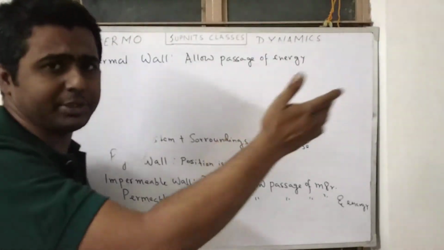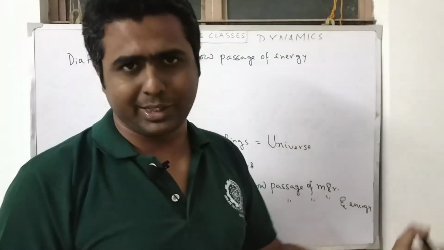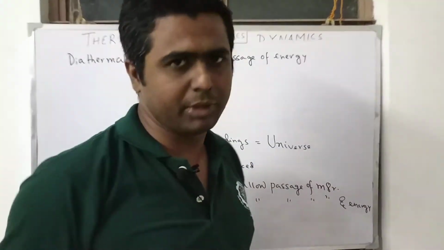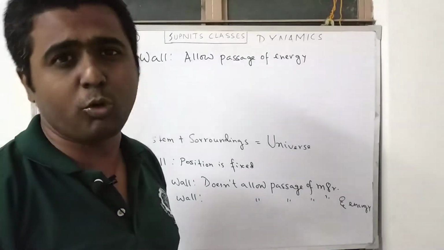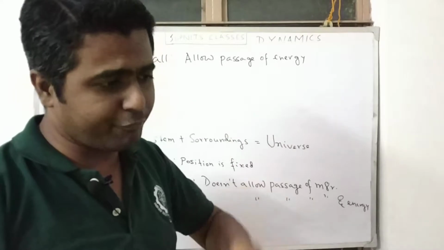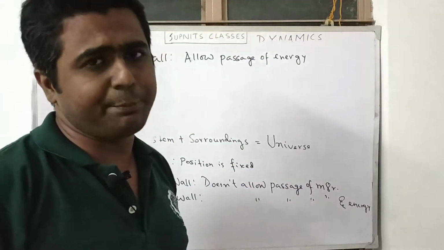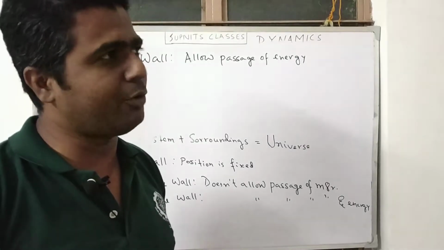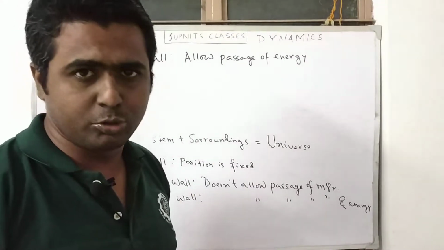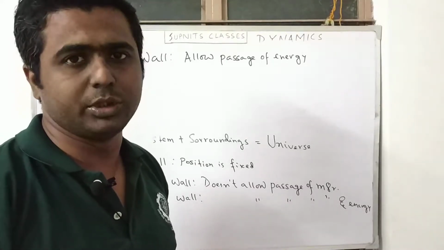Impermeable wall, that means the walls of your house, doesn't allow passage of matter. हाथ घुसा नहीं सकते हो आप wall के अंदर से. But when it is very cold outside, you will also feel cold because it is allowing the heat energy inside the room to go out. So that is the example of an impermeable wall. It is not allowing passage of matter through it, but it is allowing the passage of energy through it.